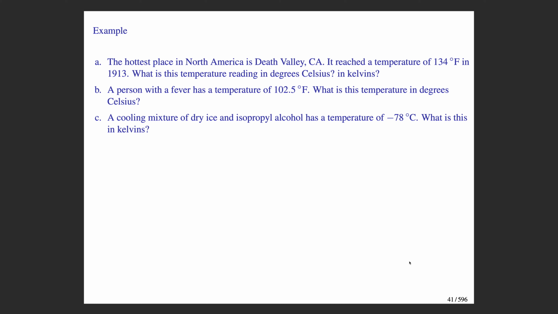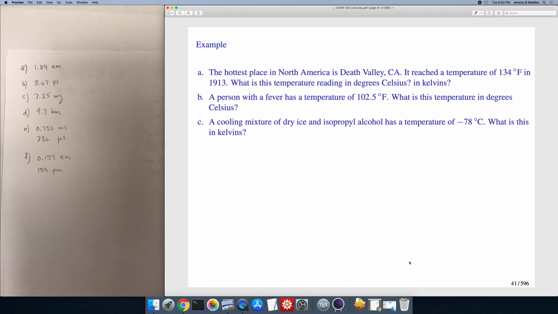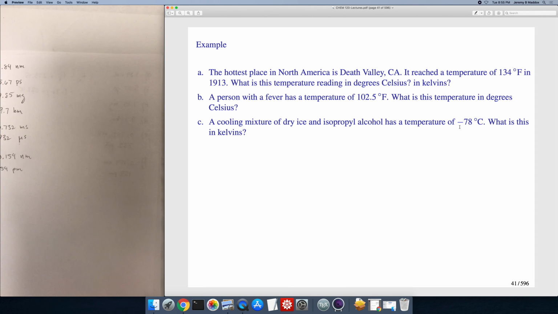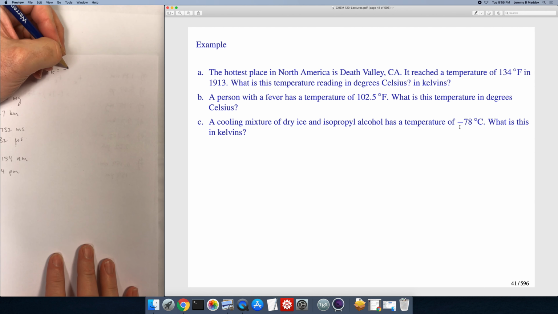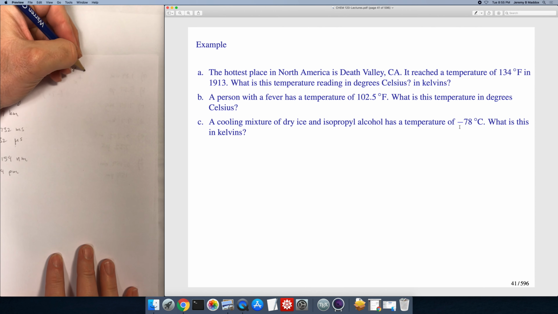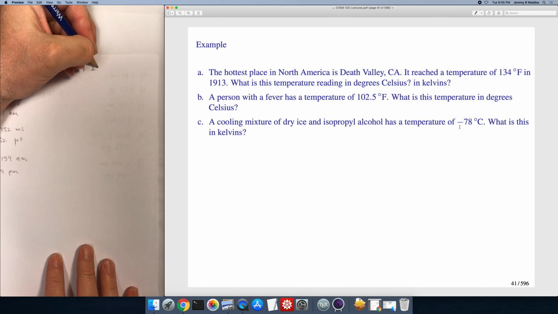Here is an example problem where we're being asked to convert different temperatures. We are going to focus on part C here, since this one involves just the Celsius to Kelvin conversion. We are given a temperature of minus 78 degrees Celsius, and we're being asked to convert that to units of Kelvin. What you do is you take the temperature in Celsius, the minus 78 degrees Celsius, and you add to that 273.15.